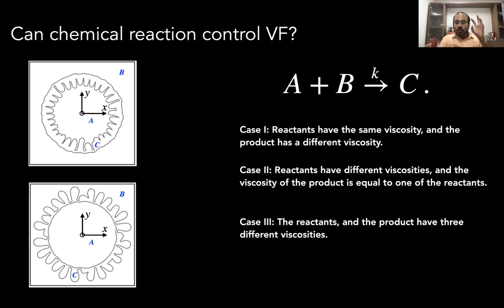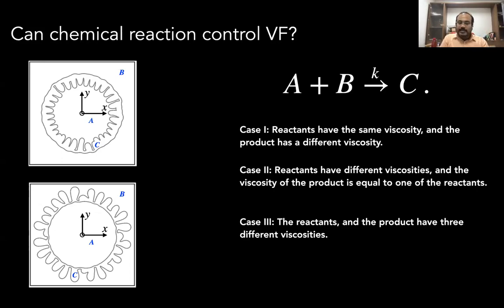But we consider that the product has a different viscosity, and that can have two effects. Either the product viscosity is less than both the reactants or more, and depending on that we'll see two different scenarios emerge.